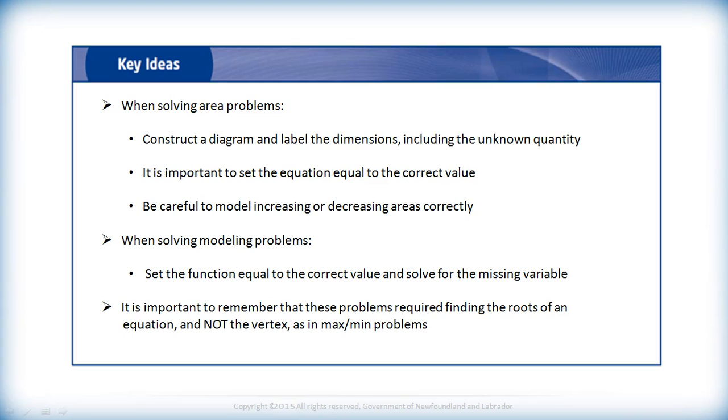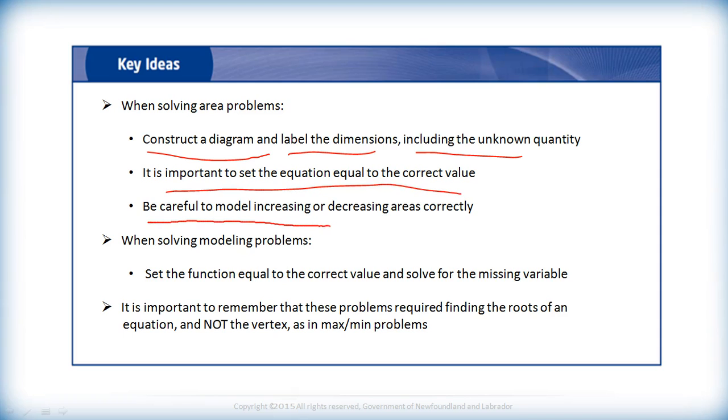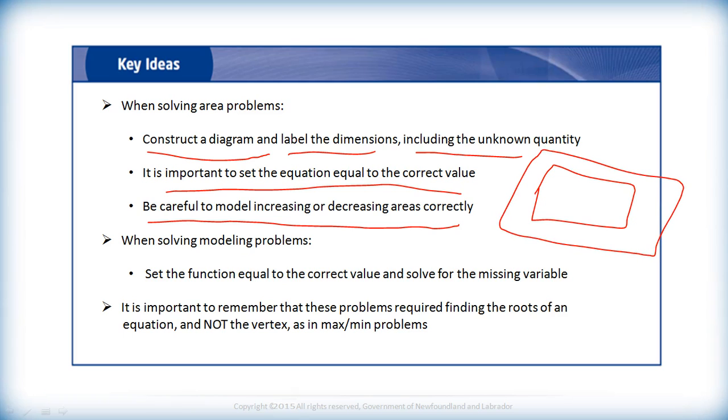All right. So let's remember that when we're solving area problems, we construct a diagram, unless it's given, which often it is, label the dimensions, and include the unknown quantity. It's important to set the equation equal to the correct value, and be careful to model increasing or decreasing areas correctly. The one that we had was one where we actually had a growing rectangle because we built something around the outside of it. That's an increasing area.